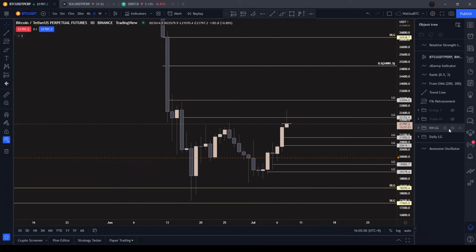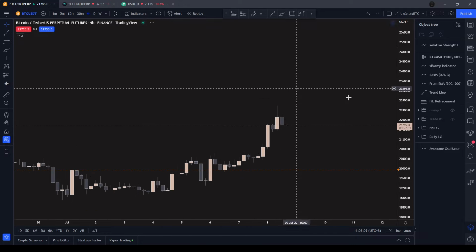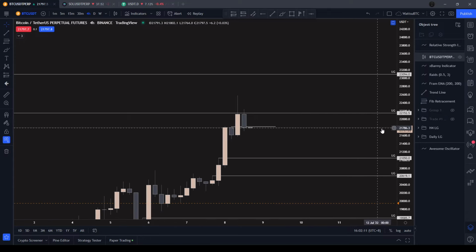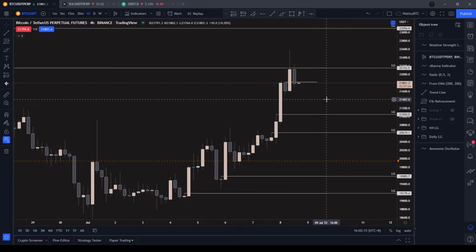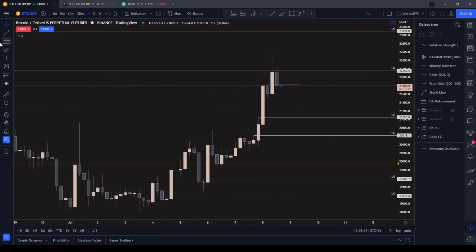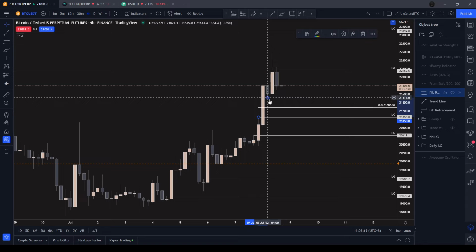But until then, let's stick with the H4, since we are already bullish on the daily and the H4. Why not just trade the plan?